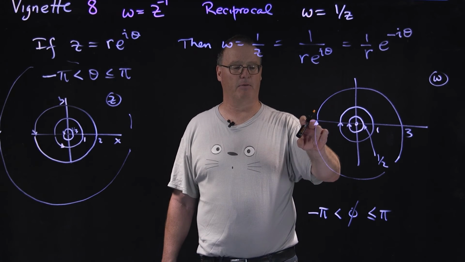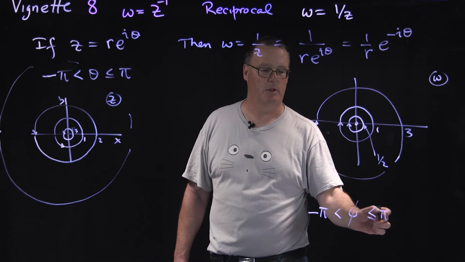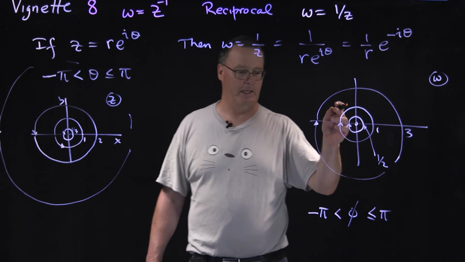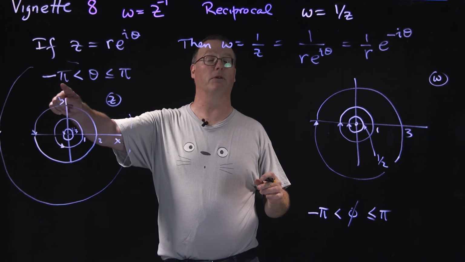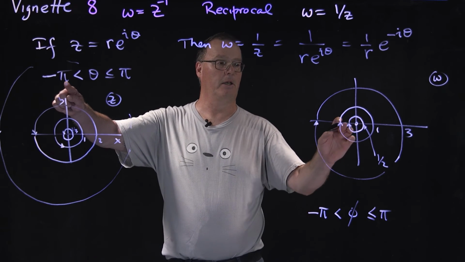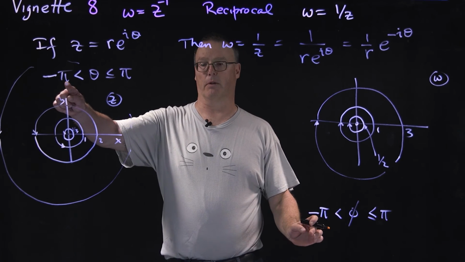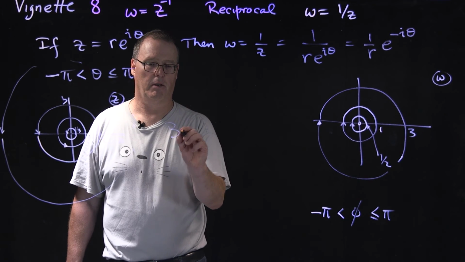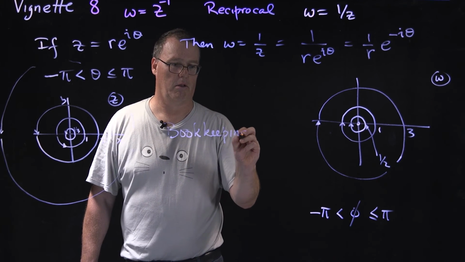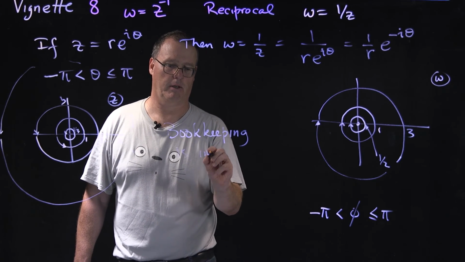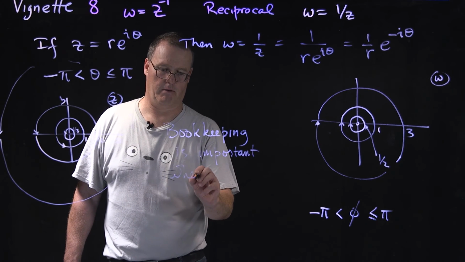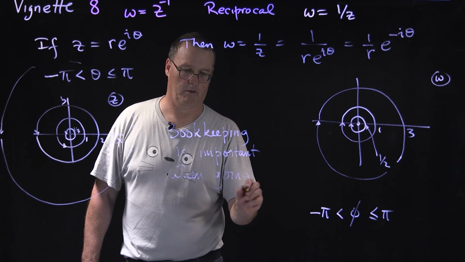But if we're on the negative real axis, then we want to use the positive value of phi, because that's the way we're used to measuring things. And when we take the negative of it, we're outside the range that's normally true here. So we have to be careful on this line, which is the negative real axis, with the closure. So bookkeeping is important when going backwards.